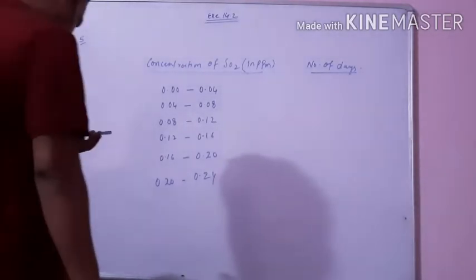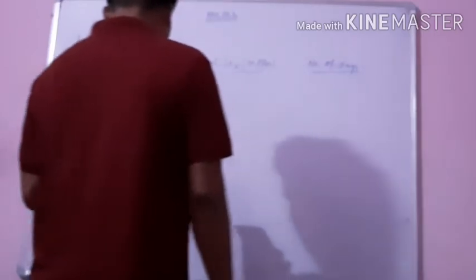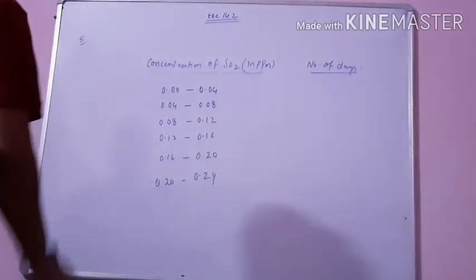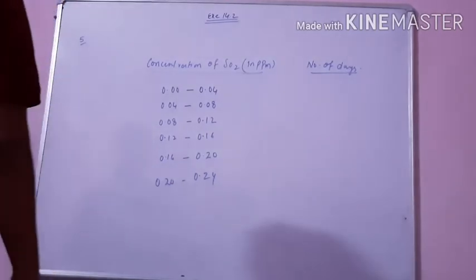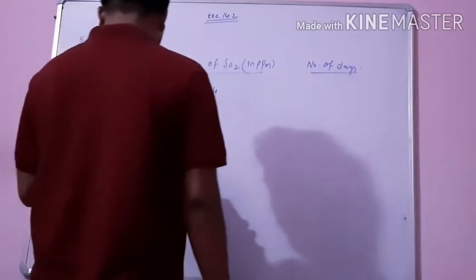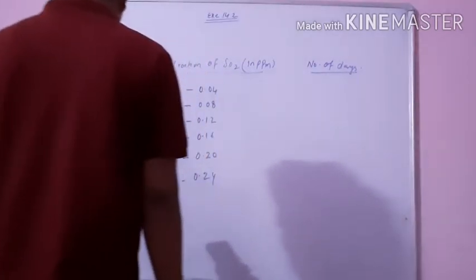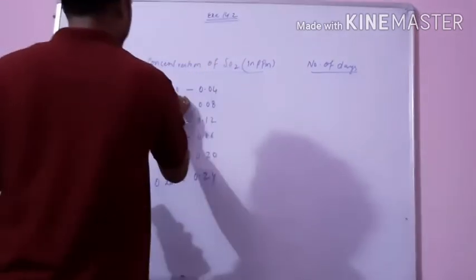And now number of days. Now see which values lie in between 0.00 to 0.04. It will be 0.03 first, then we will not consider 0.04 in this group.